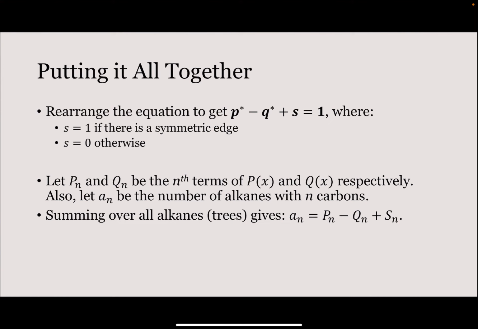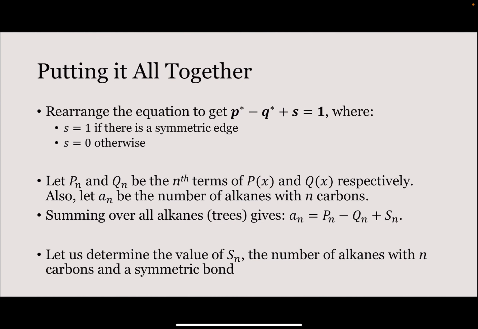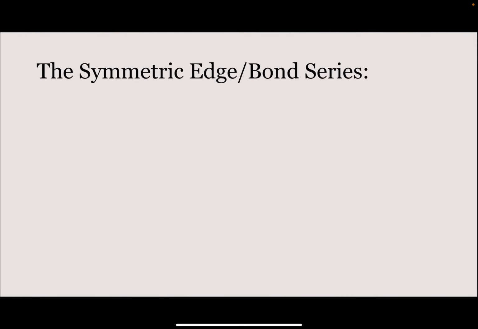So what we're going to do is sum over all possible alkanes, or trees in this case, to get this equation over here. The only thing that we need is this sequence S_n, which is the number of alkanes with n carbons and a symmetric bond. Once we get that value of S_n, we are going to be done. Okay, how are we going to find that value? Actually, it's not too bad. So let's say we have a symmetric bond with n carbons in an alkane.